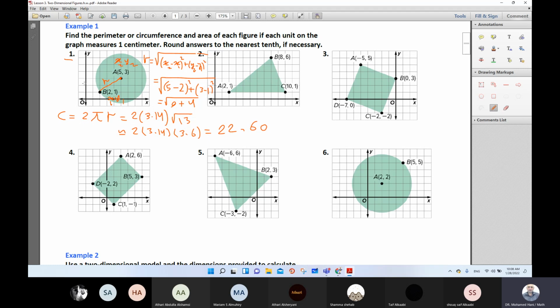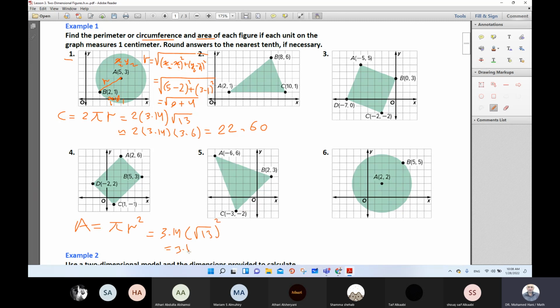Then we want to find the area. As you remember, the area of the circle equals pi times r squared. Pi means 3.14 times r, which will be the square root of 13, squared.